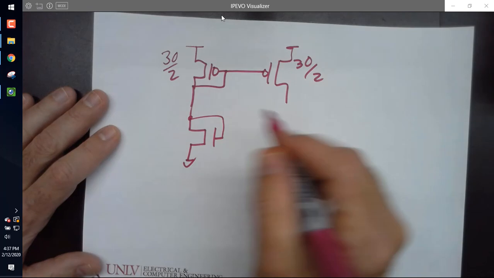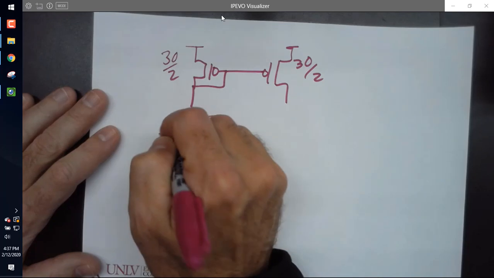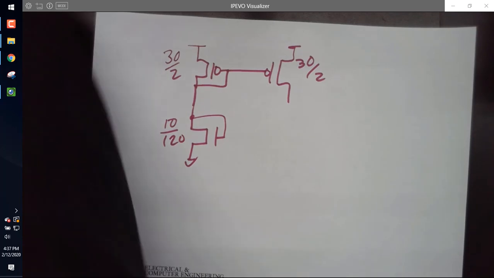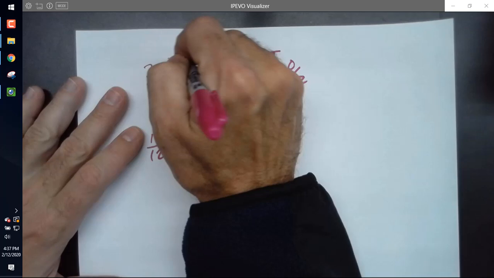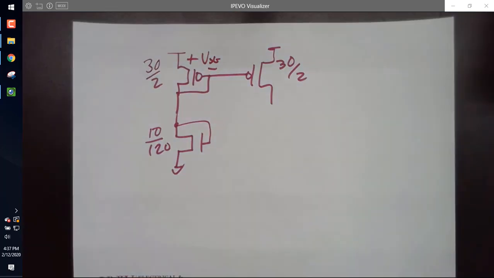And I'm going to make this NMOS device, how about 10 by 120? So the length is 120, and the width is 10. So I'm going to have a large drop, and I'm going to do that so that I can set up the VSG up here to be mirrored out. Looking good?